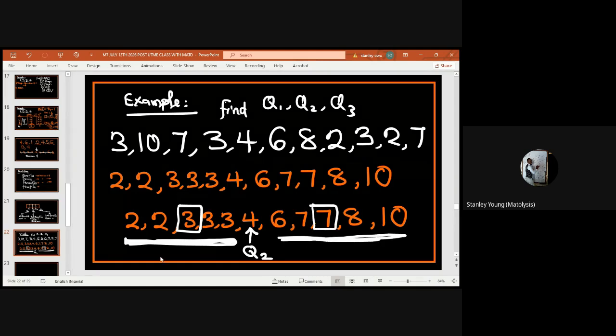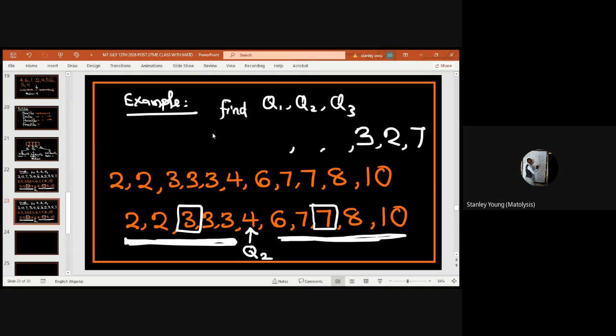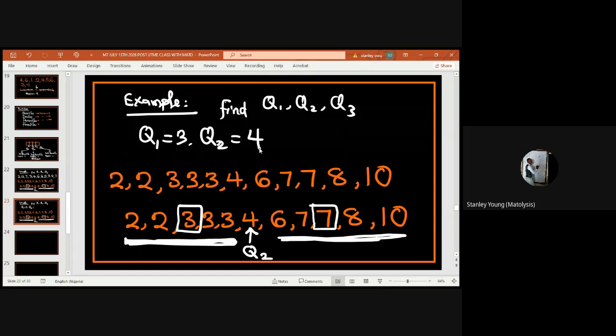So for this problem that we just solved, the first quartile is 3, the second quartile is 4, and the third quartile is 7.